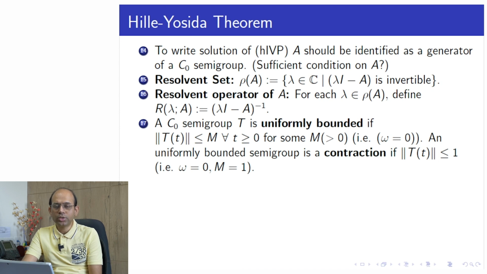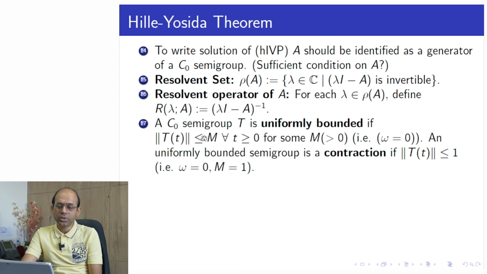Remember that in an earlier lecture we have seen a theorem on the growth property of the semigroup, that the norm of T(t) is less than or equal to M times e to the power omega t, for some positive M and positive omega.